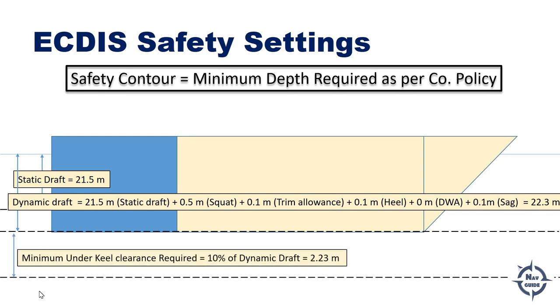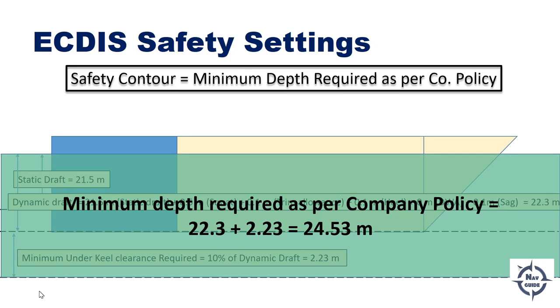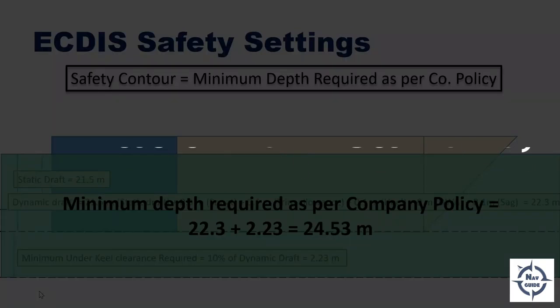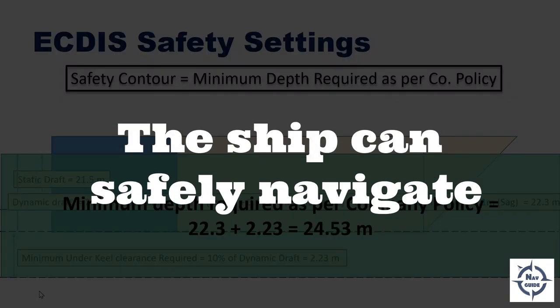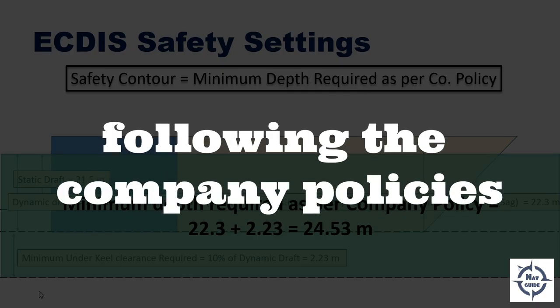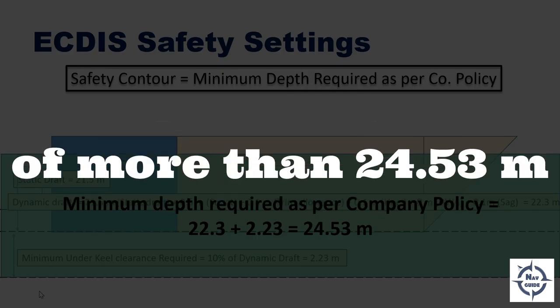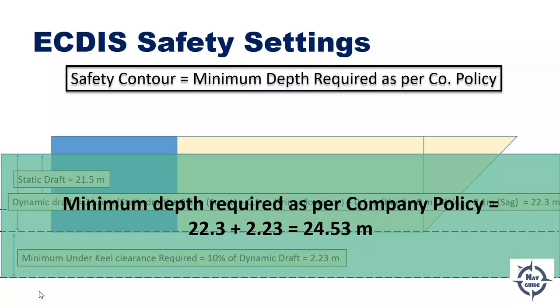To this we have added minimum UKC of 10%, which is 2.23 meters. So the total minimum depth required as per the company policy is 22.3 plus 2.23, which is equal to 24.53 meters. In simple words, what this means is the ship can safely navigate following the company policies on a depth of more than 24.53 meters.